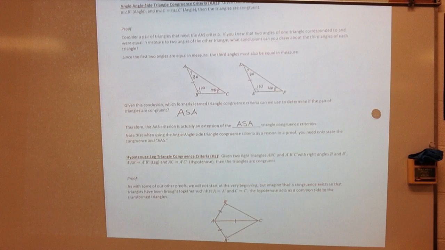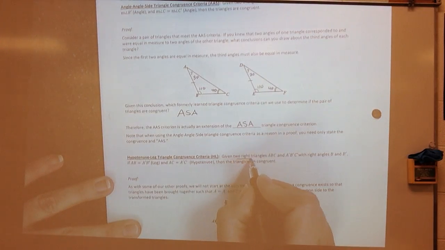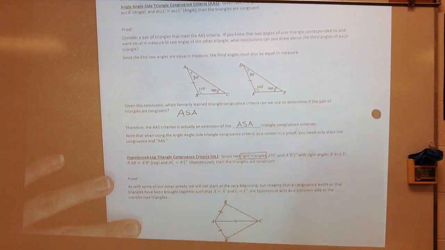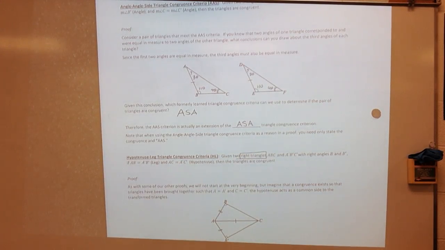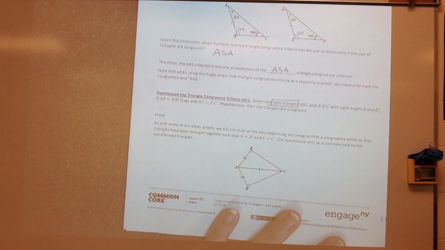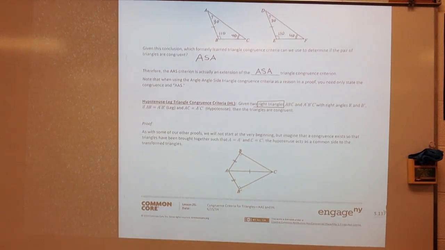Hypotenuse leg triangle congruence criteria, the HL. Alright? Given two right triangles. Now this is important, guys. When we are dealing with the HL congruence criterion, that means we are dealing with right triangles, because hypotenuse and leg are two terms that are associated with right triangles.